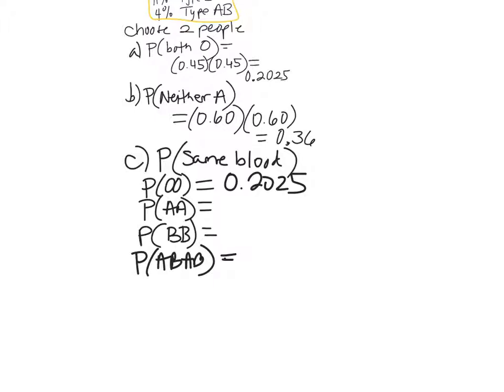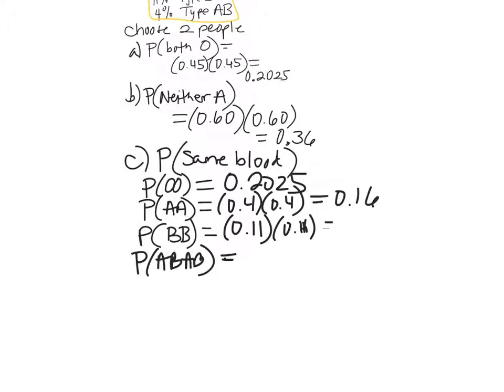The probability of getting an AA would be 0.4 times 0.4, which is 0.16. Probability of BB is 0.11 times 0.11, which is 0.0121. Hardly any chance of that happening. And then the last one is 0.04 times 0.04, which is 0.0016.